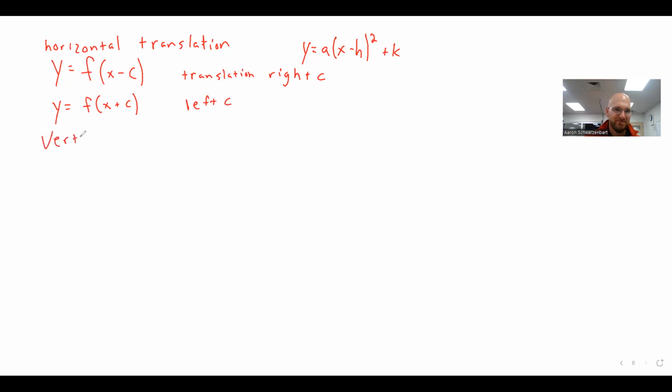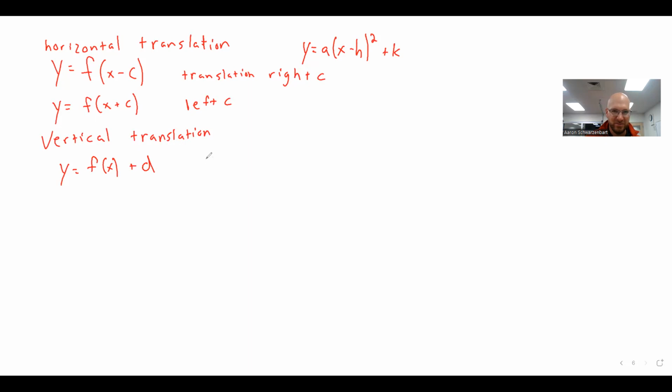Vertical is going to be outside, and it's going to go with the sign. They use C again.